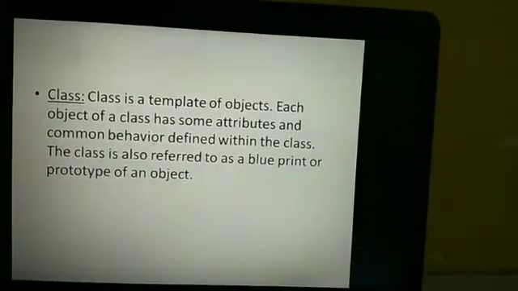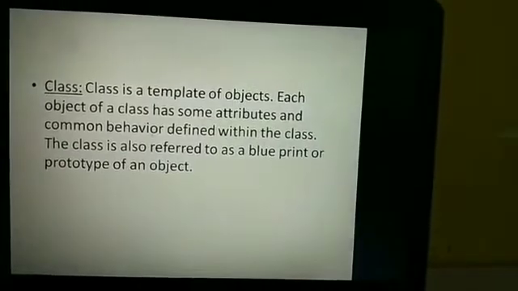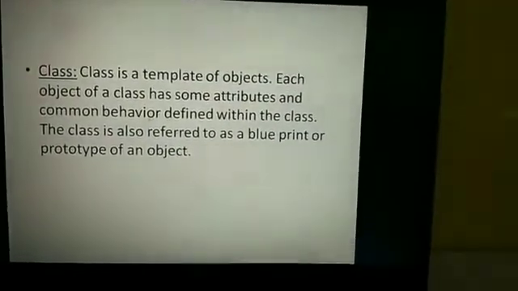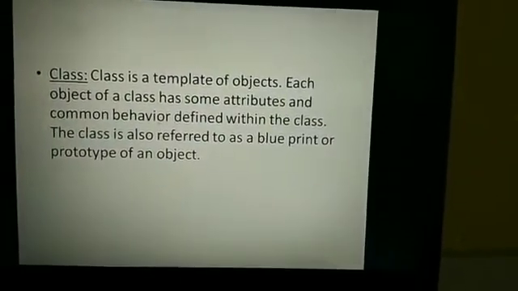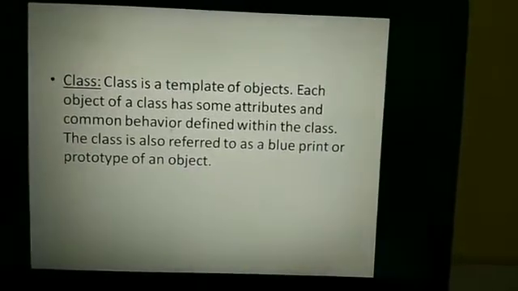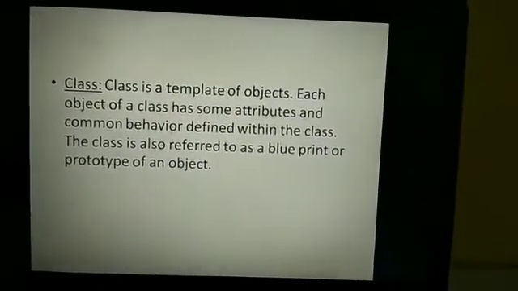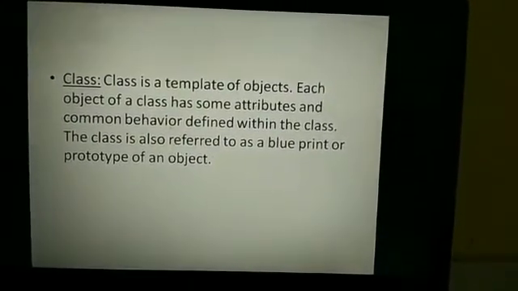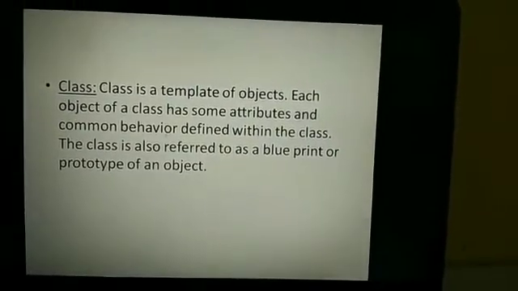You can give the example of your own class. Right now you belong to 9th standard. You may be in either 9th A or 9th B, and 9th A or 9th B is your class. It is a template of objects. How will you refer to objects? Objects will be you yourselves, the students. You all are in 9th A or 9th B class, and the template of objects means you all, a group of students, are referred to as objects.